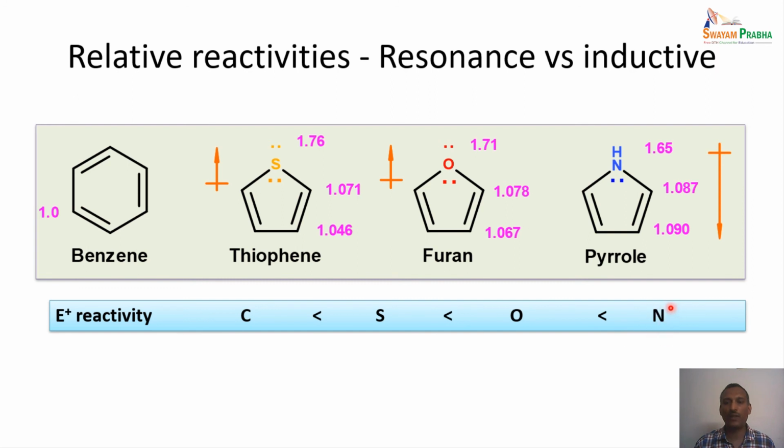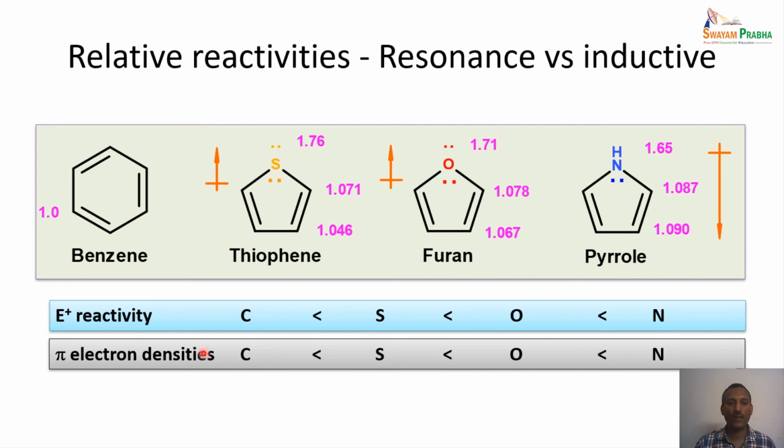In other words, the electrophilic substitution on pyrrole occurs much faster compared to benzene. Sulfur and oxygen are in between the extremes. And we have seen here about the pi electron densities. Benzene is having the least electron density compared to pyrrole.